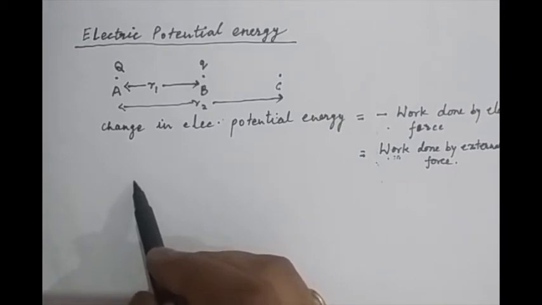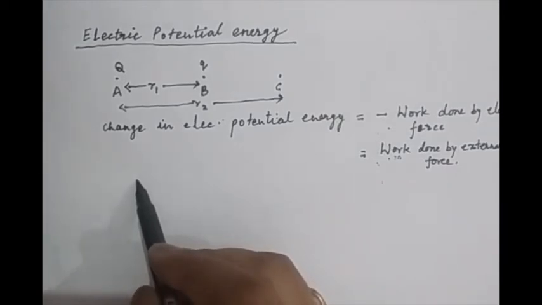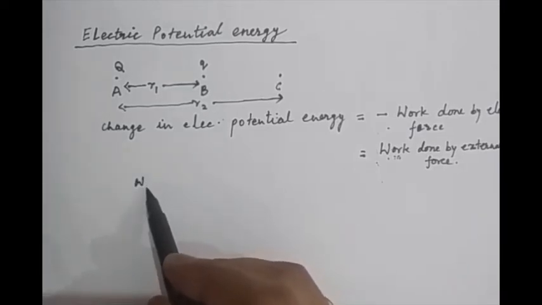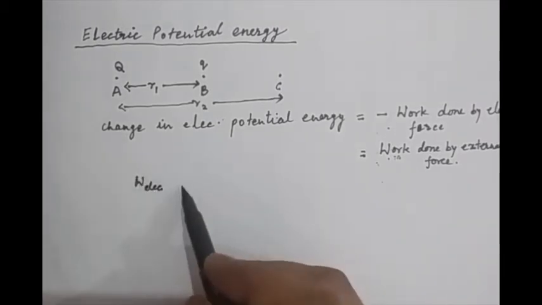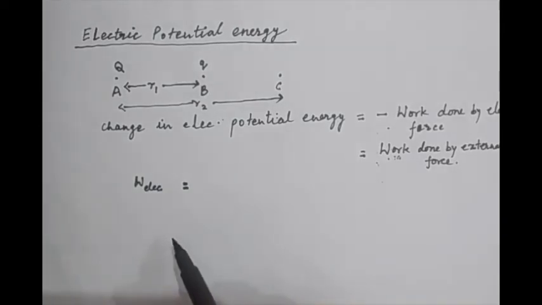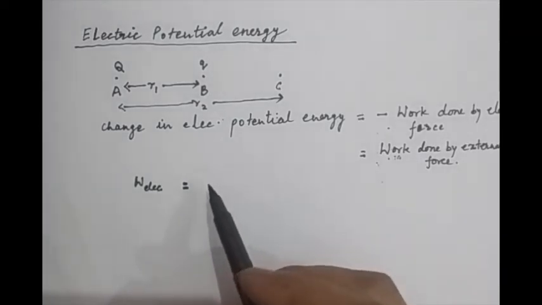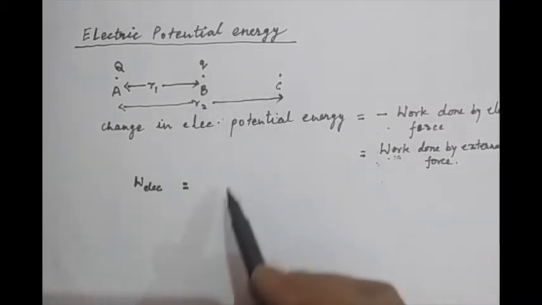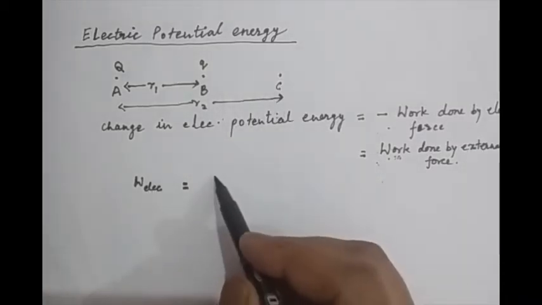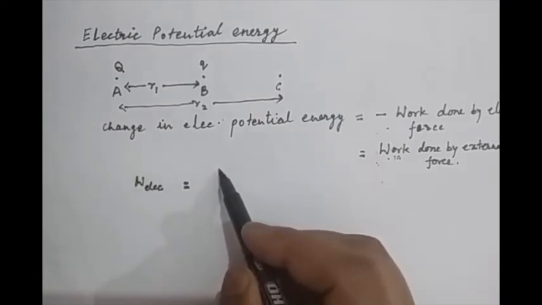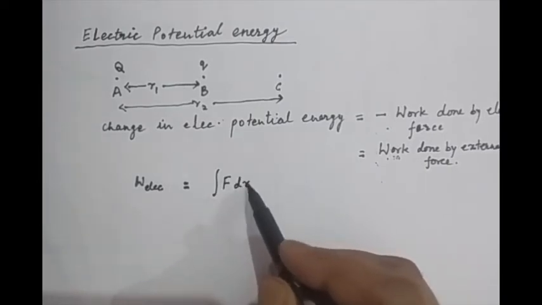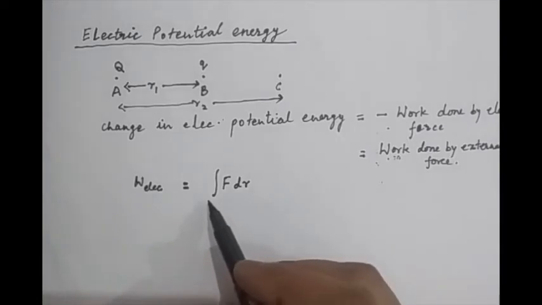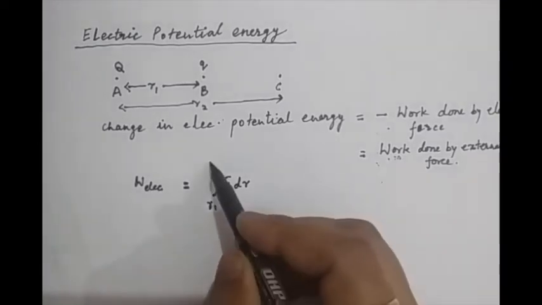So first of all, we would like to find work done by electrostatic force. Since the force is variable, work done by electrostatic force can be found by using the formula integral F dr from position r1 to r2.